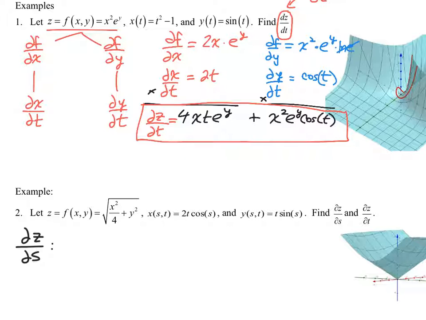All right, so I'm starting off with my original function f. I could take the partial of f with respect to x, or I could take the partial of f with respect to y.